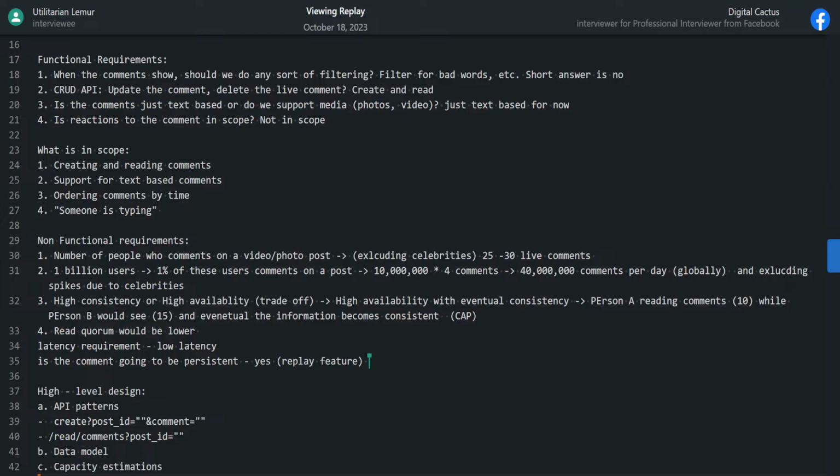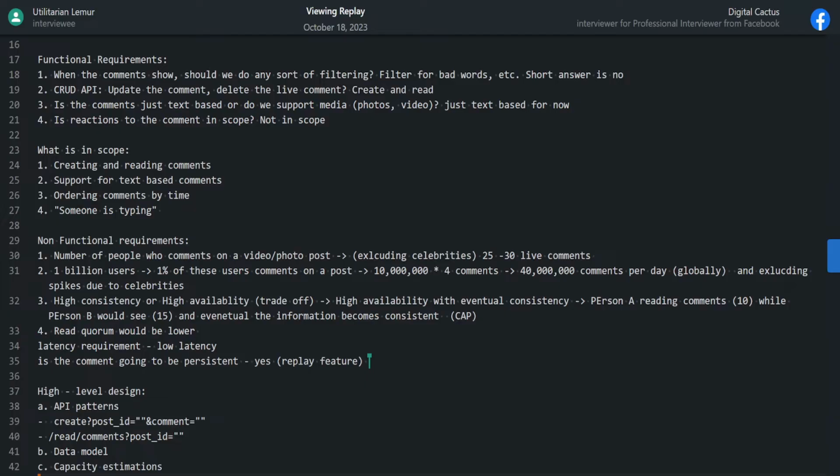So I would say comments are going to be persistent. It should ideally be yes, because you would still like to see the comments. So there are 2 things: we need to have a persistent storage for the comments feature as well.